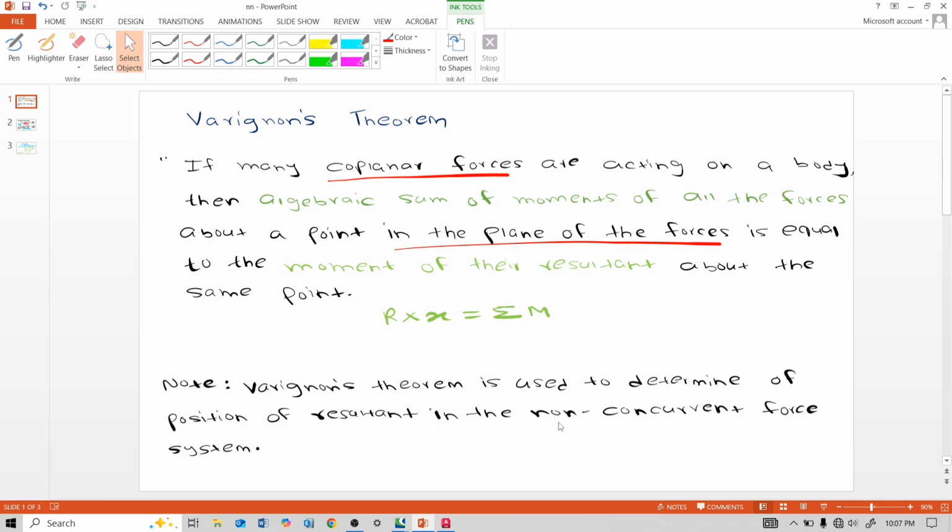In both, we determine the position of the resultant with the help of Varignon's theorem. Varignon's theorem is nothing but the summation of all moments at a particular point in the plane of the forces is equal to the moment of the resultant. So this is Varignon's theorem. Thank you very much.